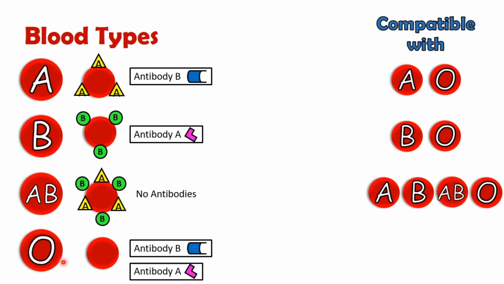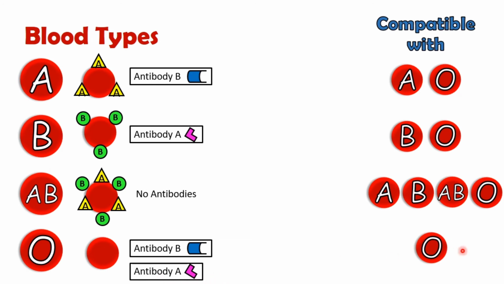Okay, the last one is O blood type, where there is no antigen here. So it will have the antibody B and also the antibody A. When we see this, it means that only one blood type can give to the O blood type, which is the O blood type only.